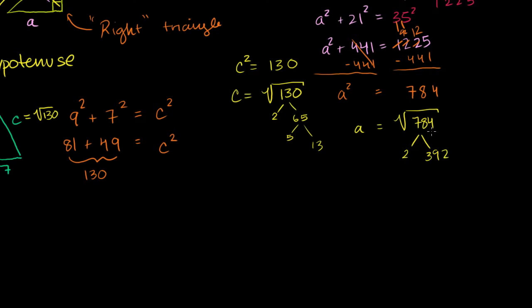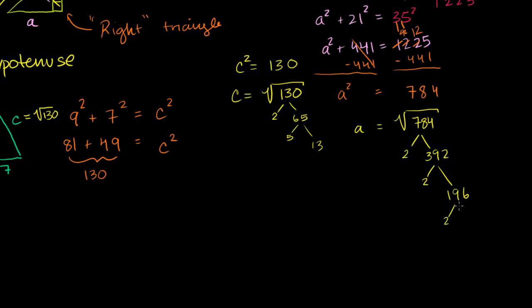And 390 times 2 is 780, right. And then this is 2 times what? This is 2 times 196. 190 times 2, yeah, that's 2 times 196.